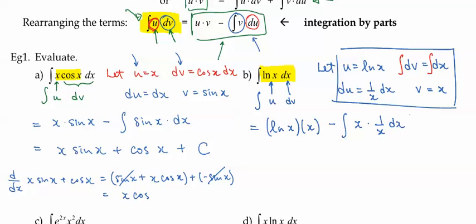And all of a sudden, you will end up with something really nice. It will simply be 1 dx. So that's how we will integrate ln x using integration by parts.